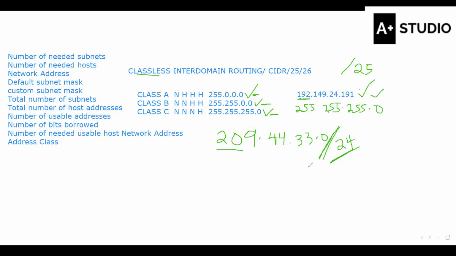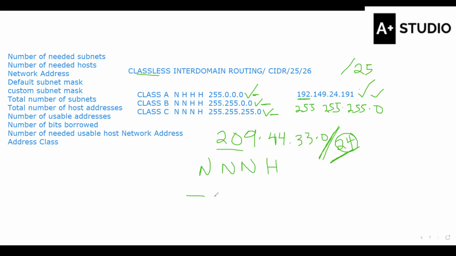Okay. But even though it is correct. So when they make this classless CIDR right here, it means that 24 bits of the network portion, like this, network and then host. So let's say we have an IP address. We don't know this IP address.